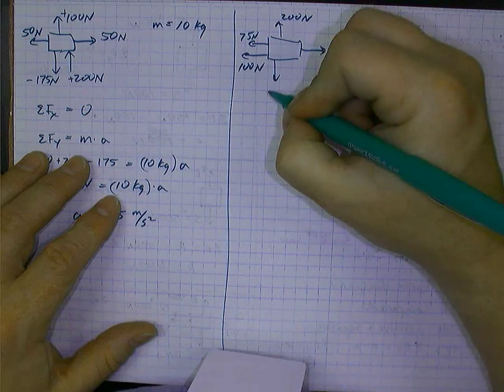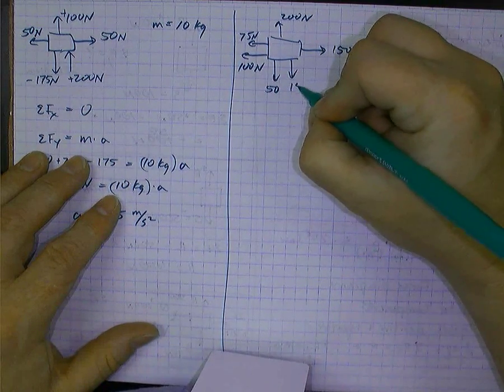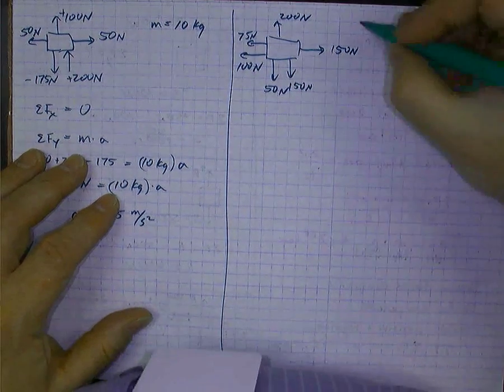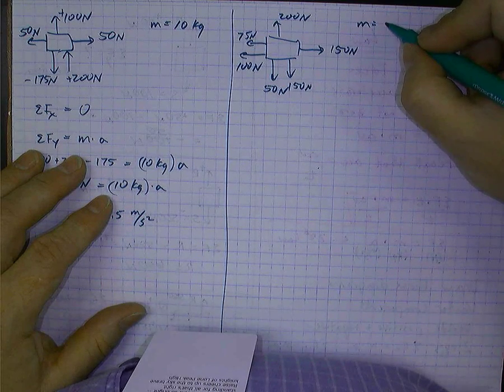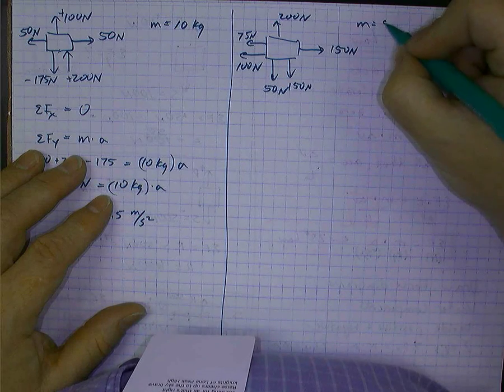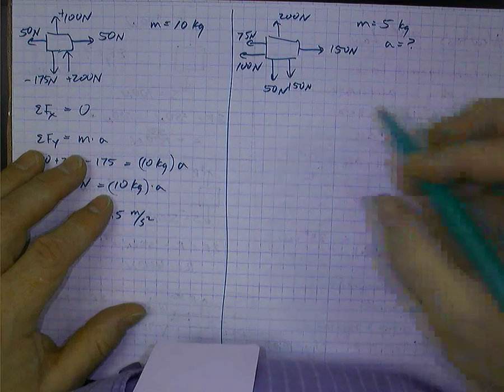Let's go this way and call that 50 newtons. Let's go this way and call this 150 newtons. Okay? The mass is 5 kilograms, and what is the acceleration going to be in this case?